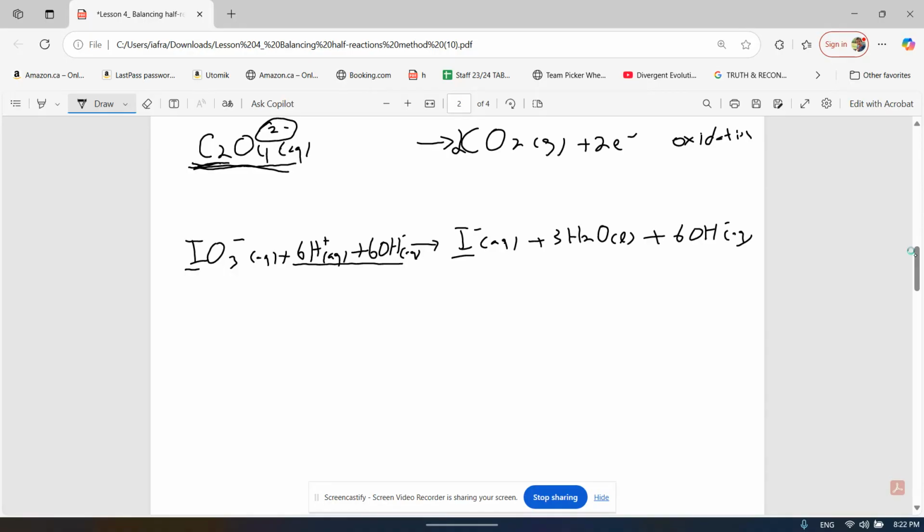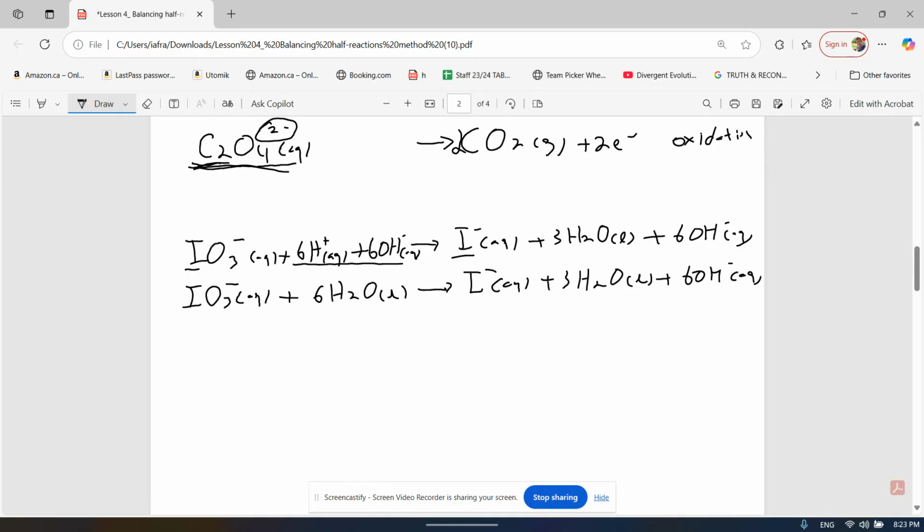So that's going to give us IO3- (aq). And H+ and OH- is simply water, so plus 6H2O produces I- (aq) plus 3H2O plus 6OH- (aq).